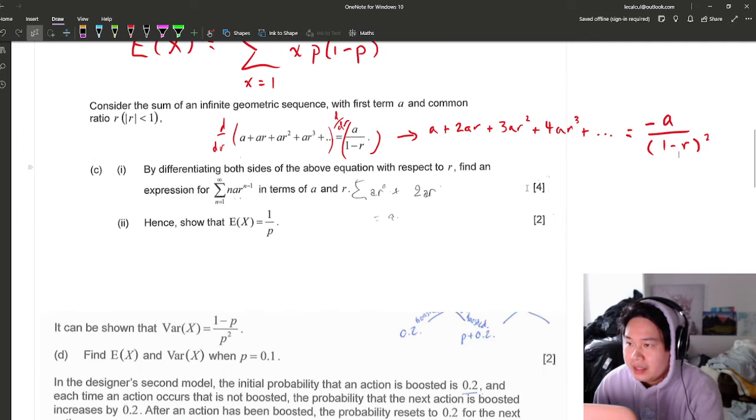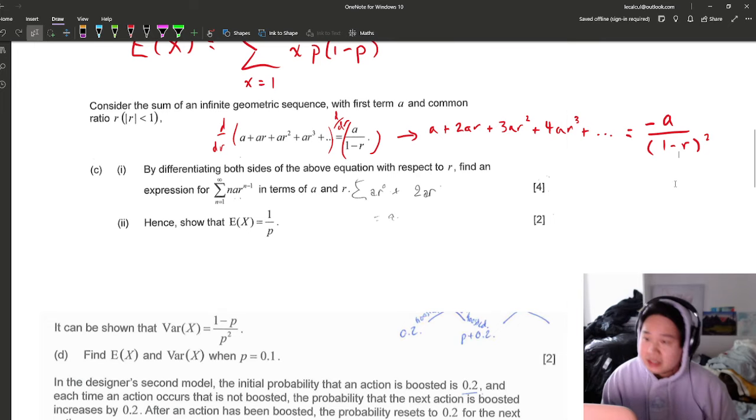Okay, and then using this, they say find an expression for this infinite sum. And if you notice, this infinite sum is literally this right here, right? It goes from n is 1, so 1, 2, 3, 4, 5. The exponent for r is n minus 1, so you can see here that's 1, 2, 3, and then there's even an a.